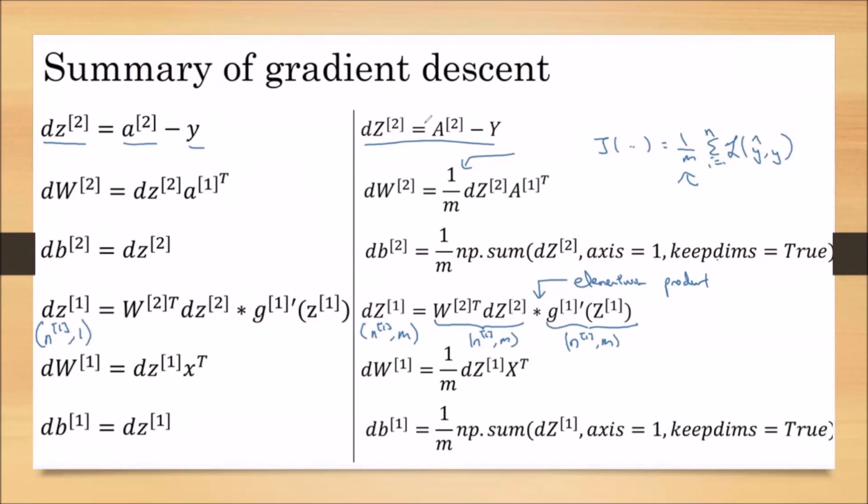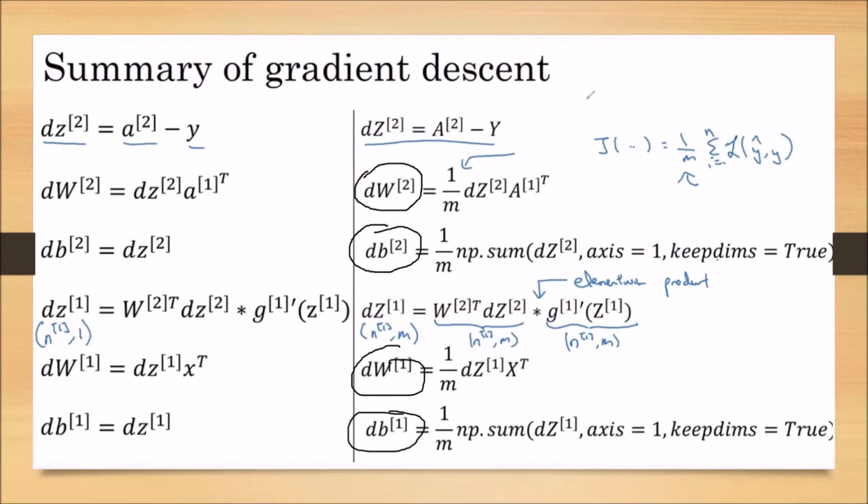Based on this, we will apply these steps in the gradient descent algorithm. In the gradient descent algorithm, we use only four steps: dW2, dB2, dW1 and dB1. We will keep on updating.